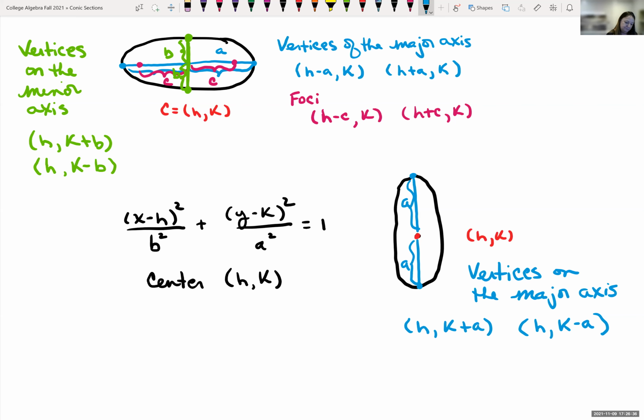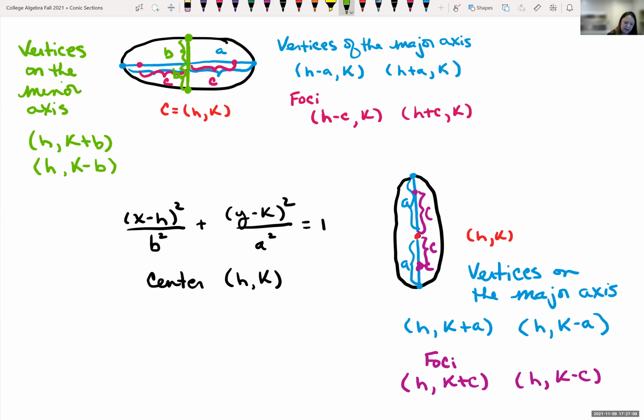The foci have a length of c. So we're going to go up and down a length of c. So our foci, the h value stays the same, and we're going to do h, comma, k plus c and h, comma, k minus c.